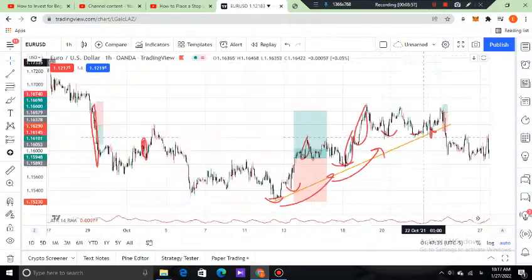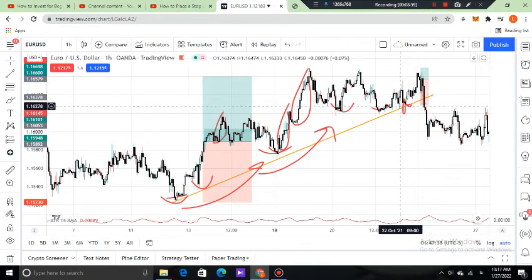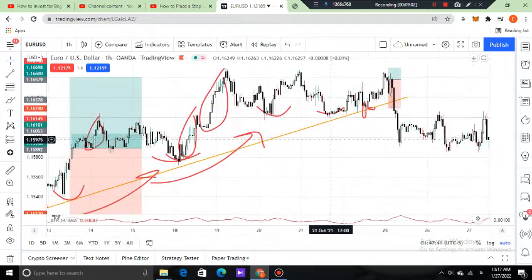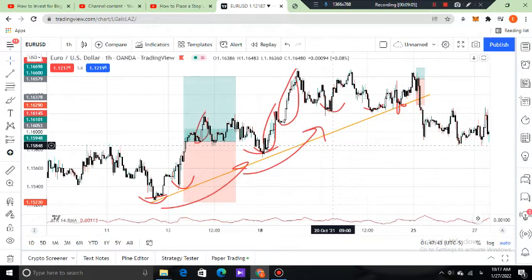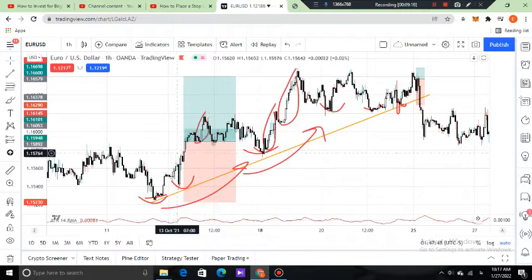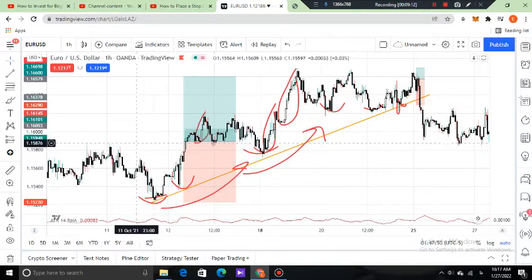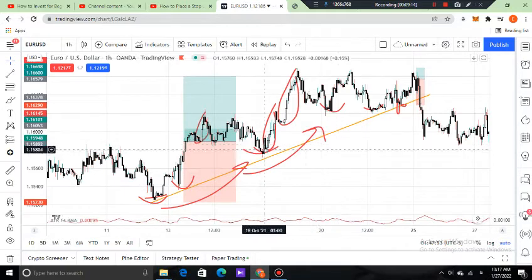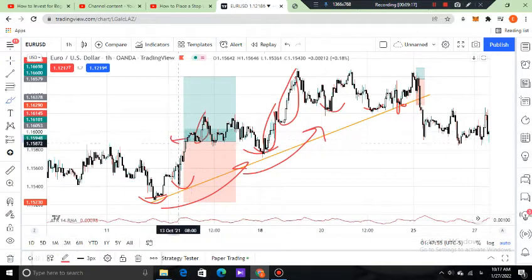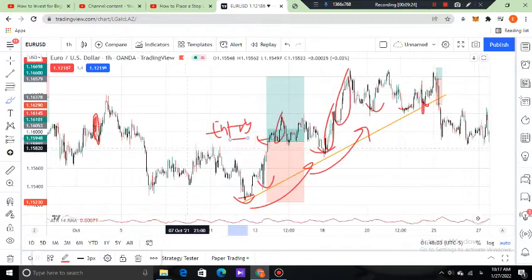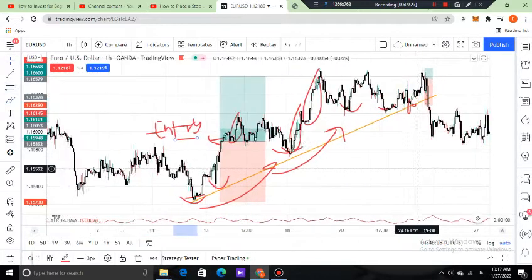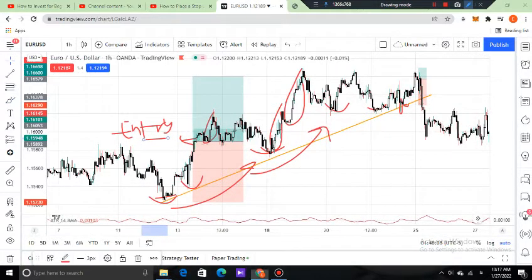And some traders make it risk free, which means they move their stop loss to the entry price, which is here. That's the entry price. See.